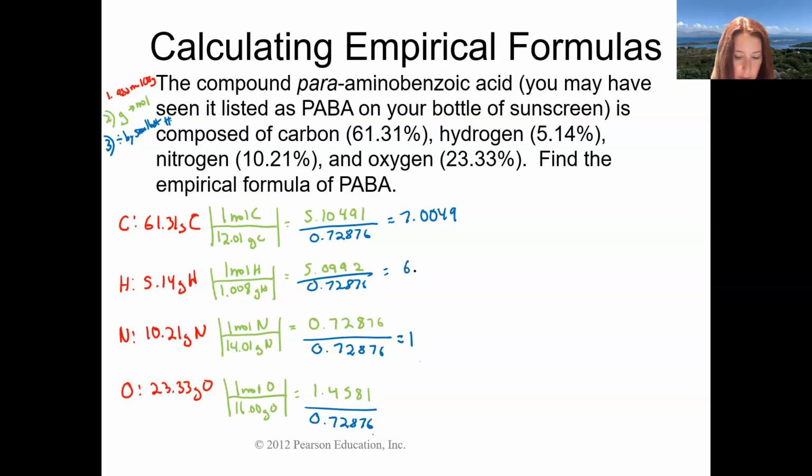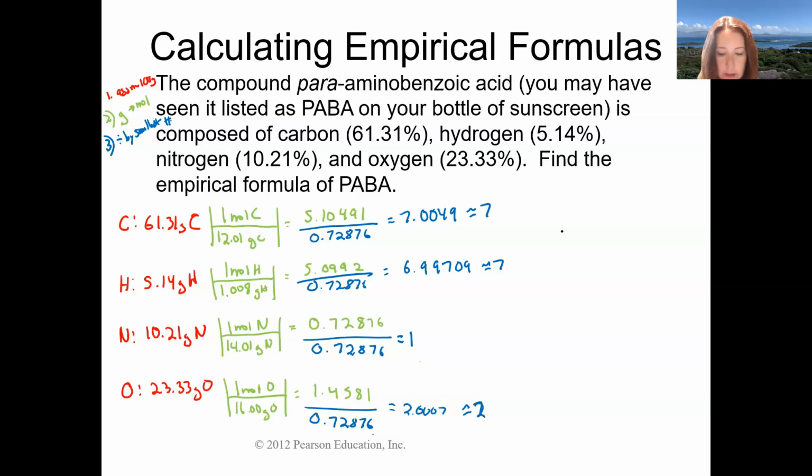And I always tell people, do all these calculations twice if you have time, just in case. 1.4581 divided by 0.72876. Oh, this is lovely. 2.007. Okay, so these ones are close enough. This is definitely close to 7. This is definitely close to 7. This is definitely close to 2.